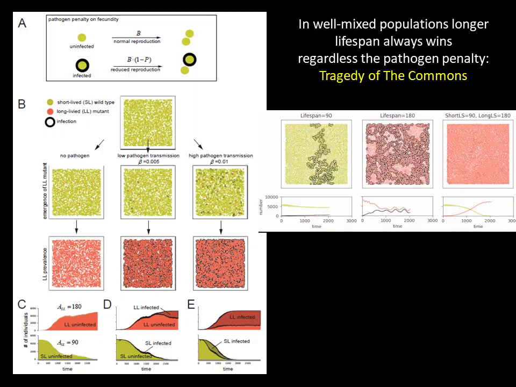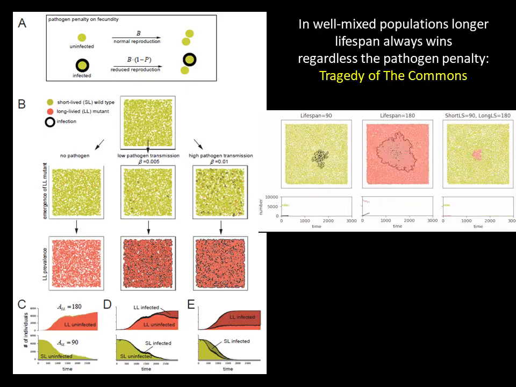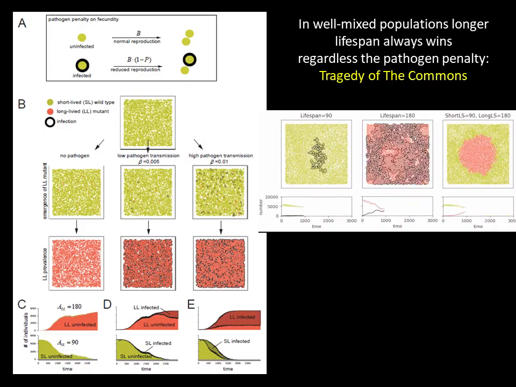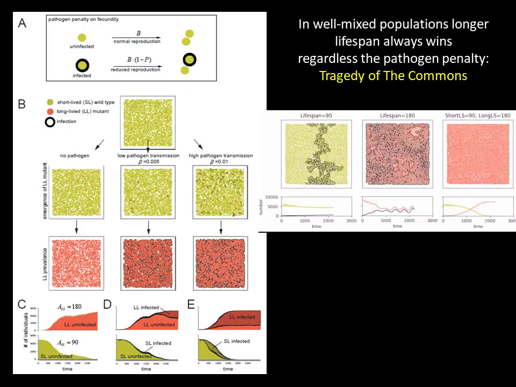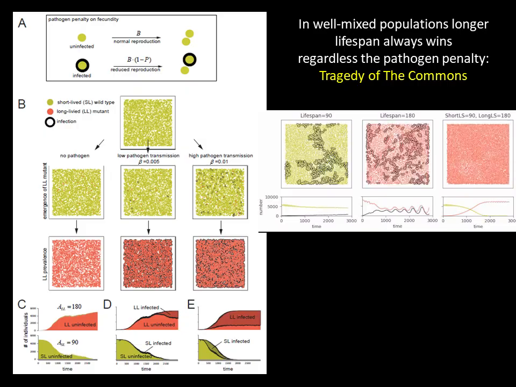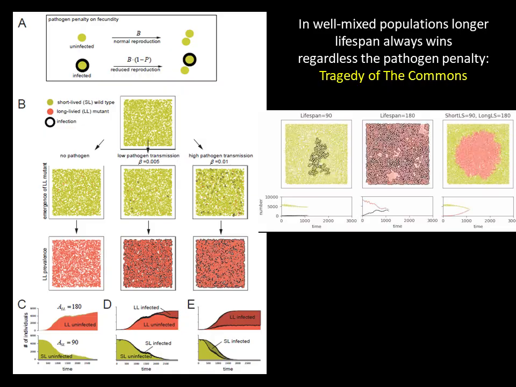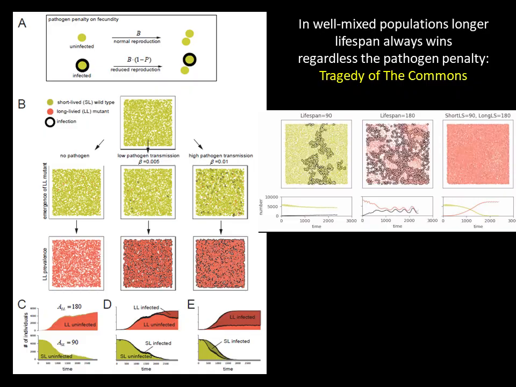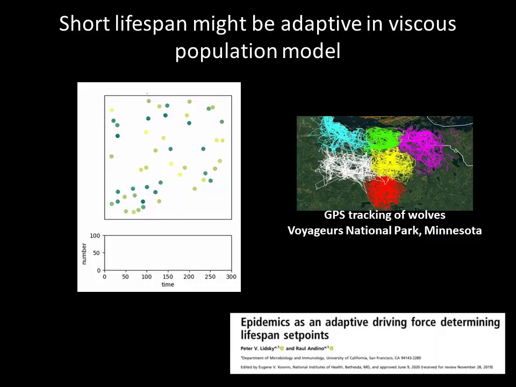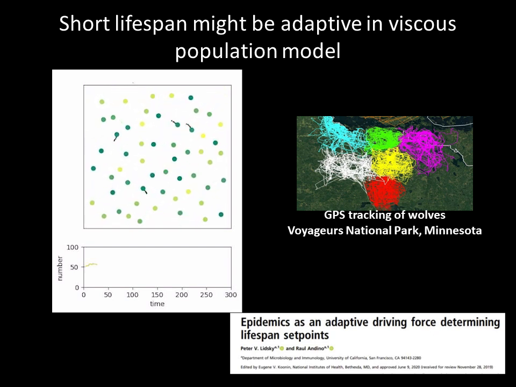But we believe that this is an artifact of the fact that these populations are modeled as if animals behave like molecules of gas. They can all interact together promiscuously. So we developed models that account for viscosity and limitations of density.